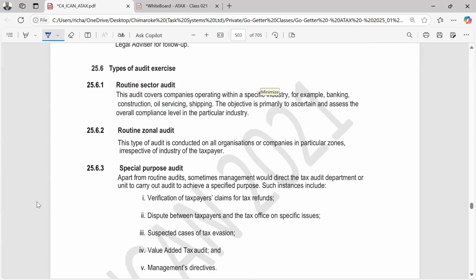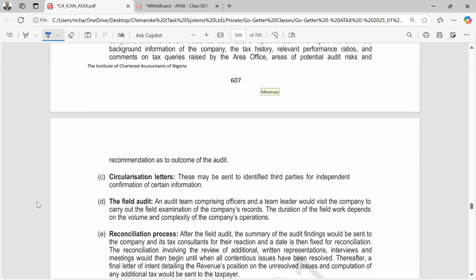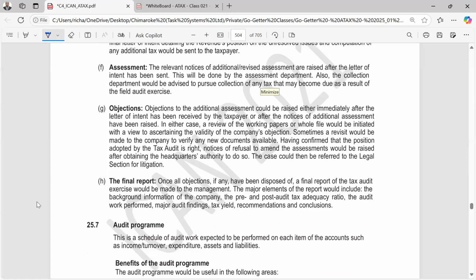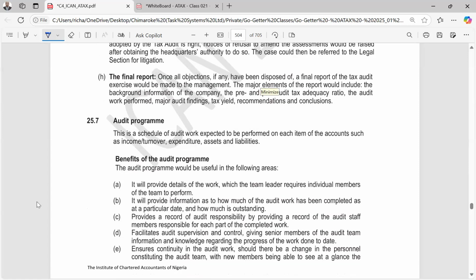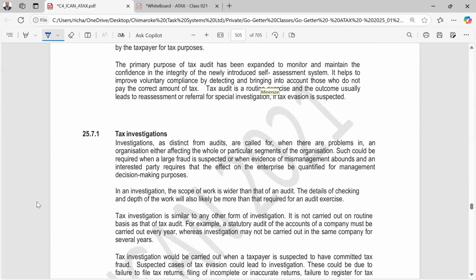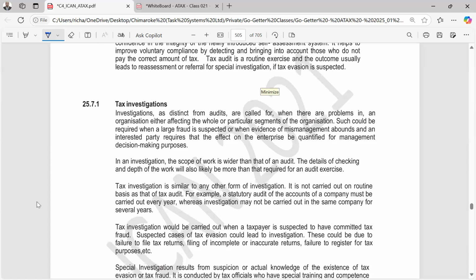Now let's go to tax investigation. Now, tax investigation, we said, is different from tax audits.